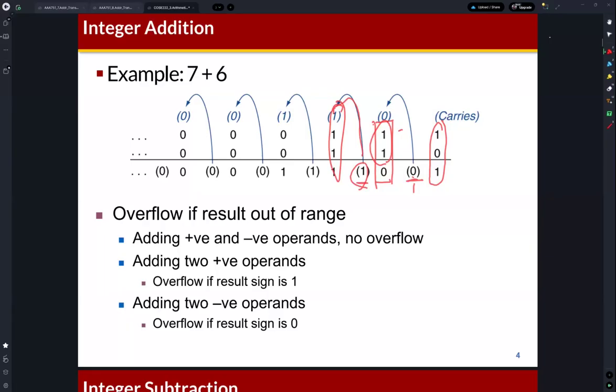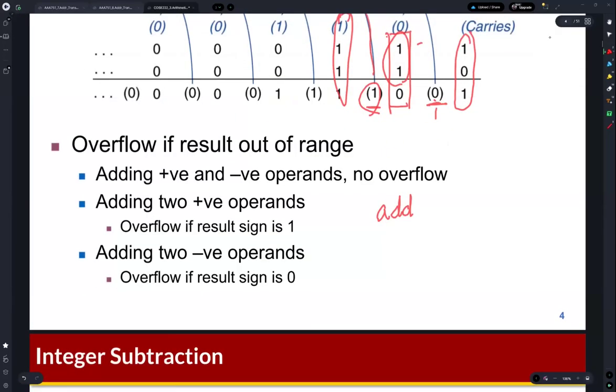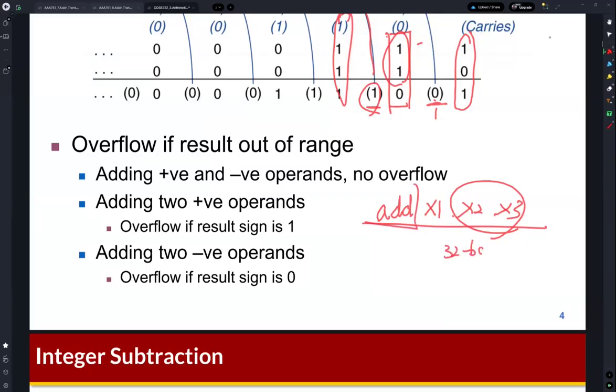When we perform the addition using the add instruction, add x1, x2, x3, these are register operands. What is the size of a single register? It's 32-bit. Which means when a RISC-V CPU executes the add instruction, it performs 32-bit data plus 32-bit data.